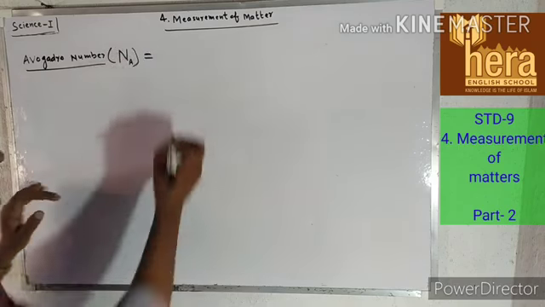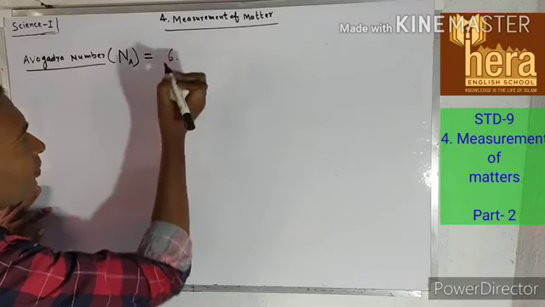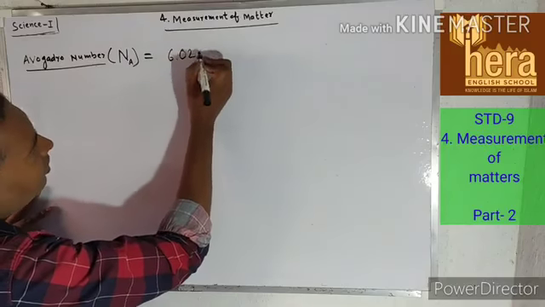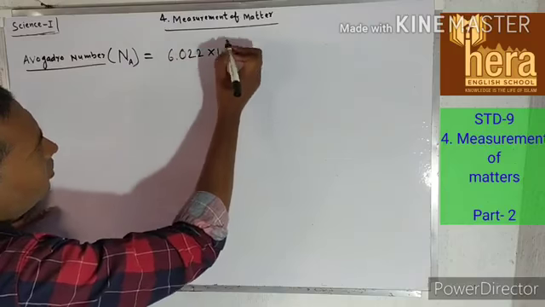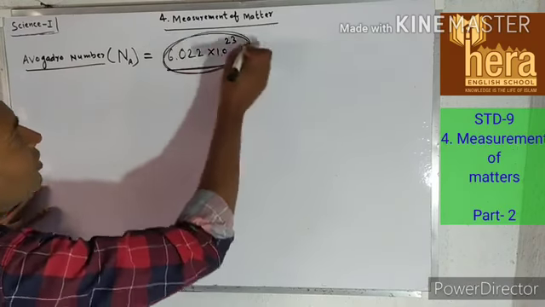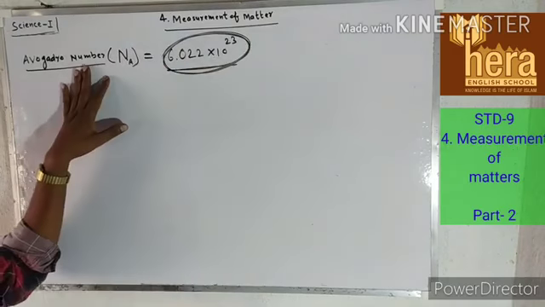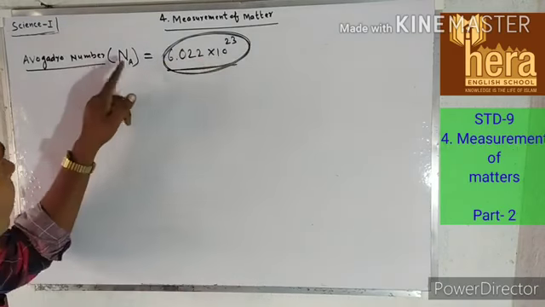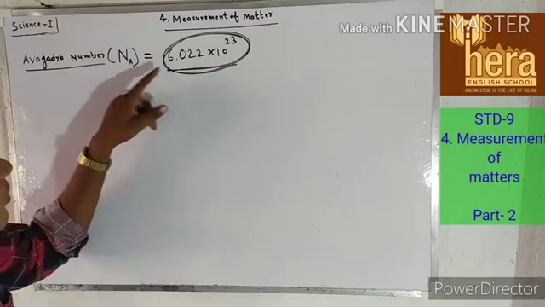The number 6.022 into 10 raised to 23 is called Avogadro number, and it is represented by Na. Na means Avogadro number. Okay.